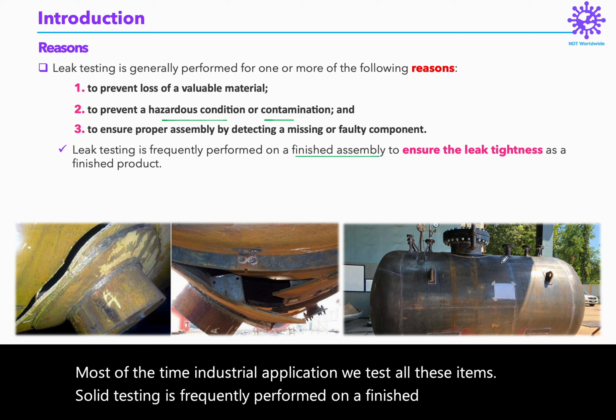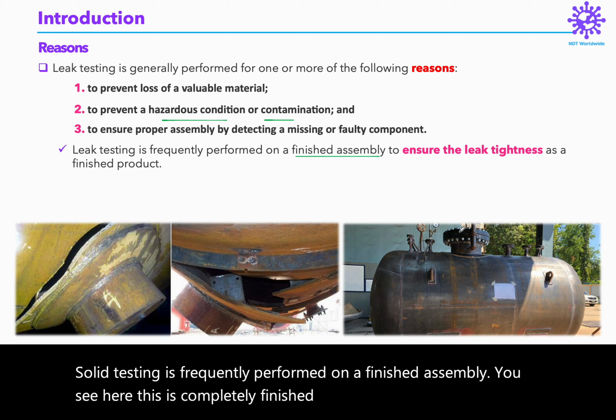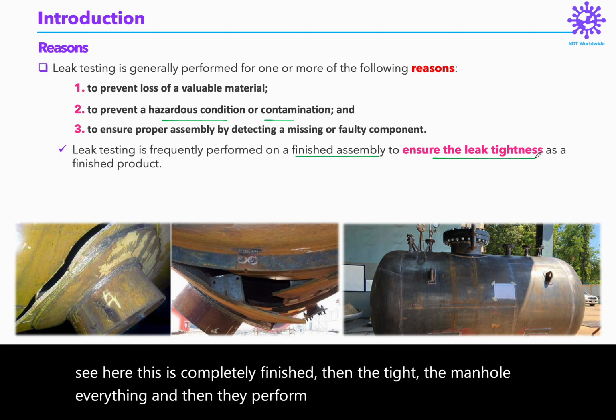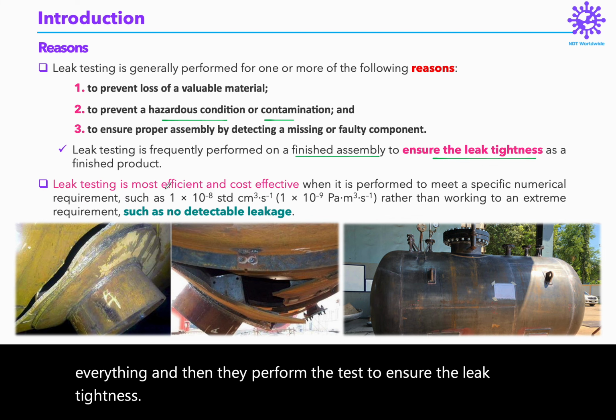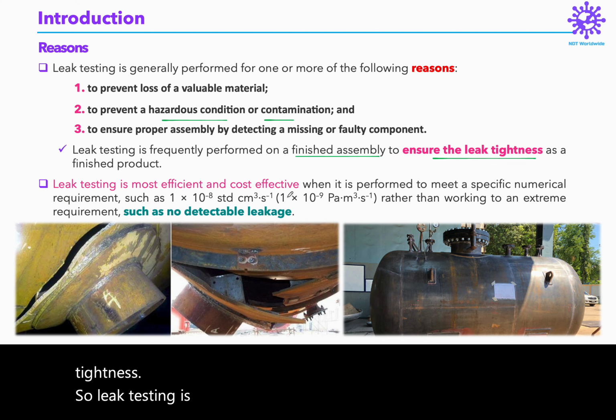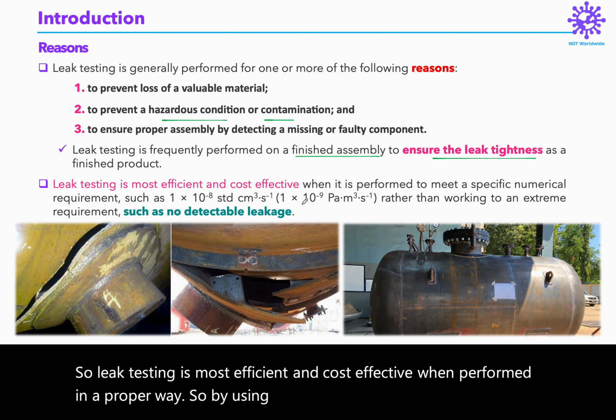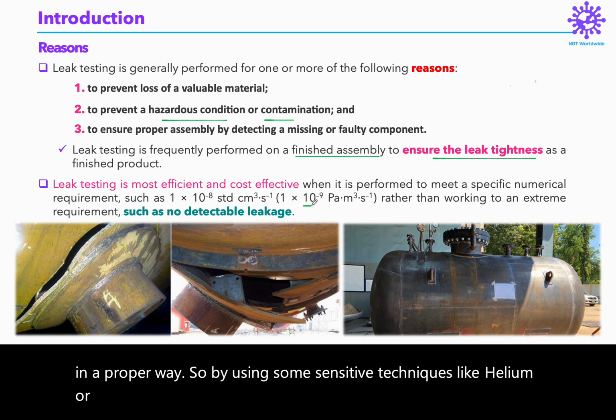You see here, this is completely finished, then they tighten the manhole and everything and then they perform the test to ensure the leak tightness. So leak testing is most efficient and cost effective when performed in a proper way. By using sensitive techniques like a helium mass spectrometer, you can go up to 10 power minus 9 or 10 power minus 11.